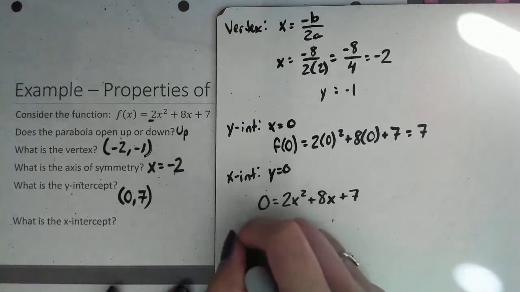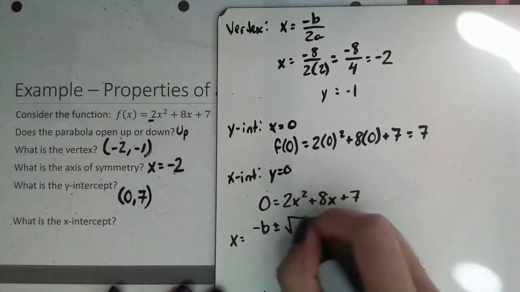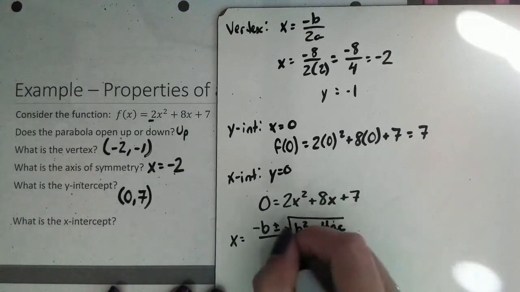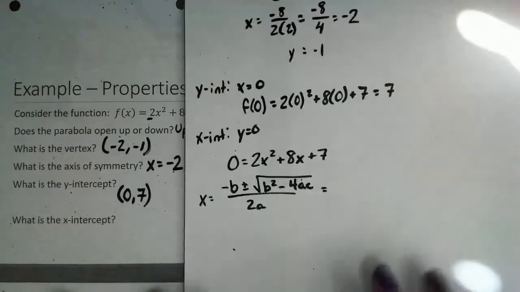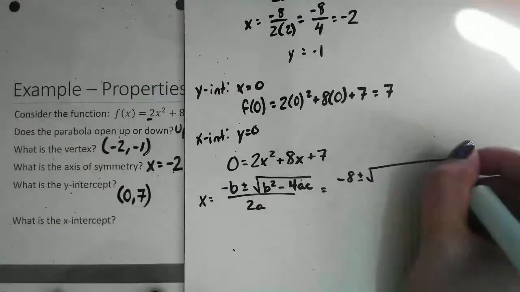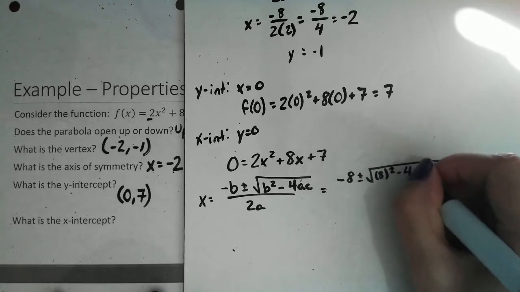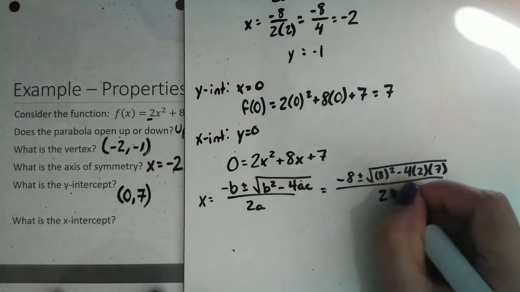The quadratic formula says x is equal to negative b plus or minus the square root of b squared minus 4ac all over 2a. So I'm going to go ahead and start plugging in some values. So we'll have negative 8 plus or minus the square root of 8 squared minus 4 times 2 times 7, all over 2 times 2.